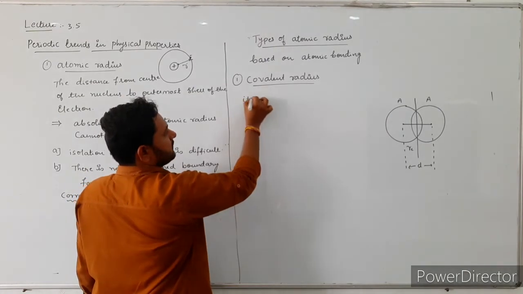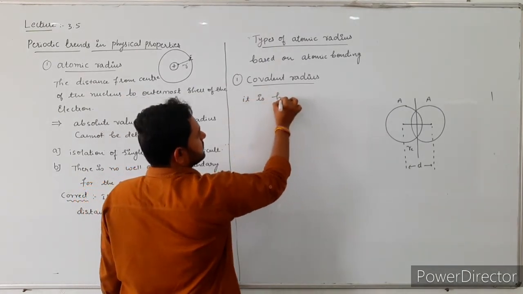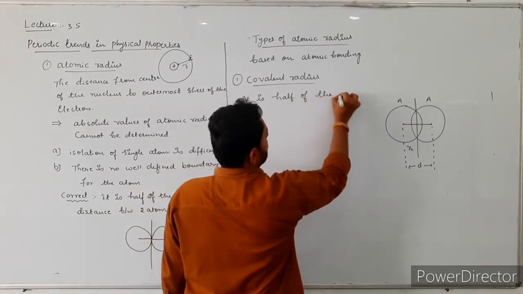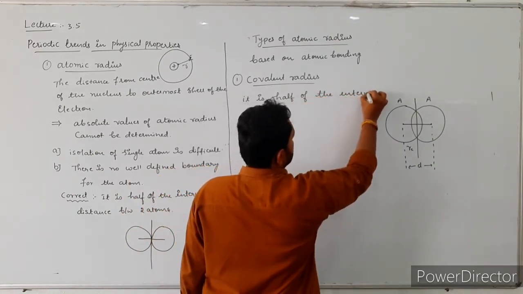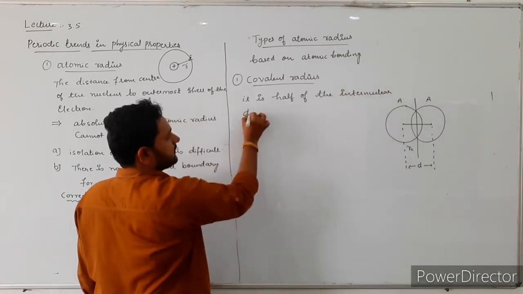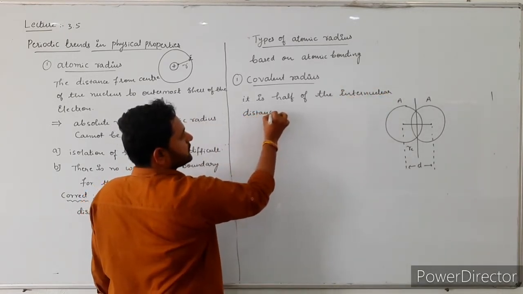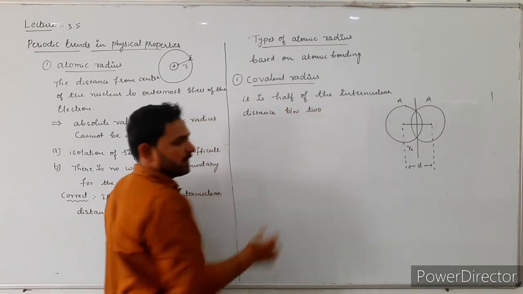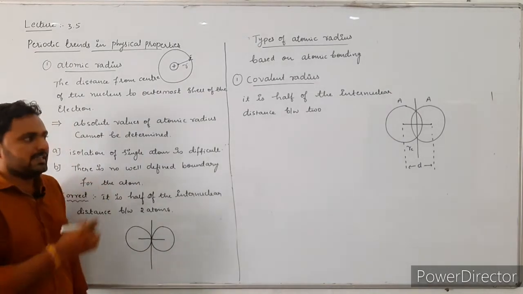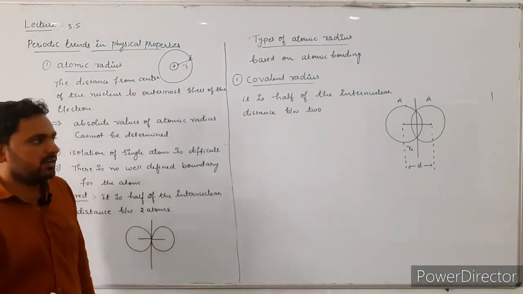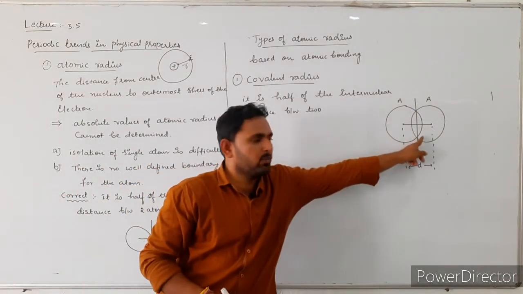It is half of the internuclear distance between two identical covalently bonded atoms, because the classification is based on the type of bonding between atoms. Here two atoms are covalently bonded.